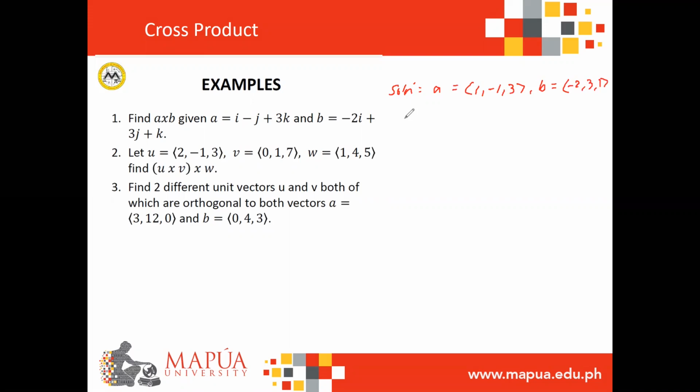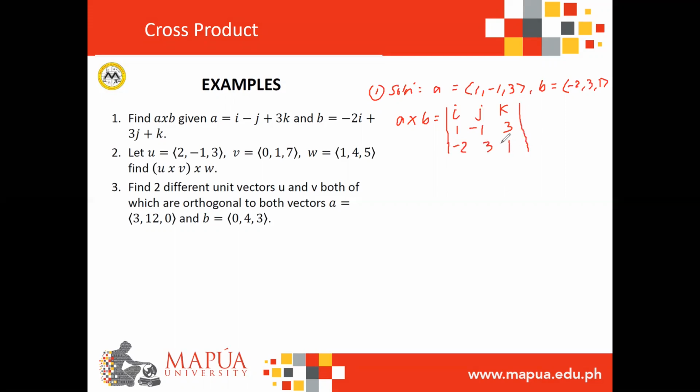So getting now the cross product of these two vectors, using the formula, the first row is i, j, k, the second row is 1, negative 1, 3. Then we have negative 2, 3, 1.